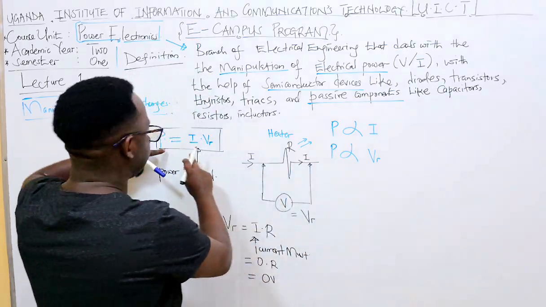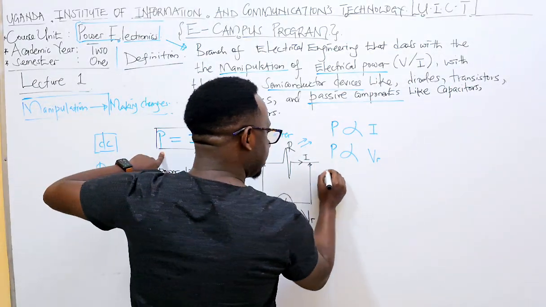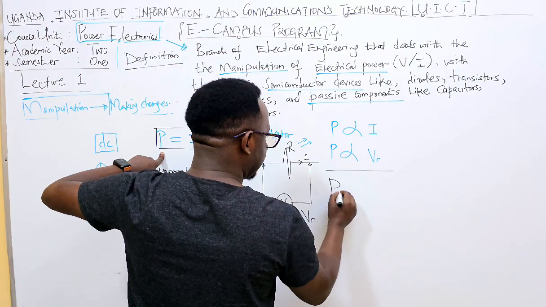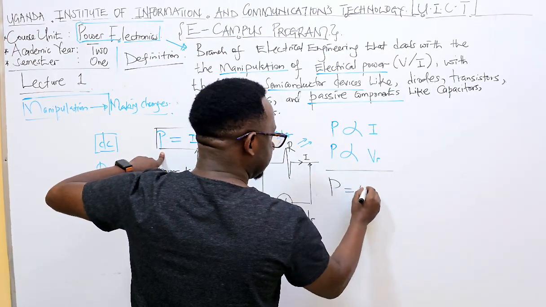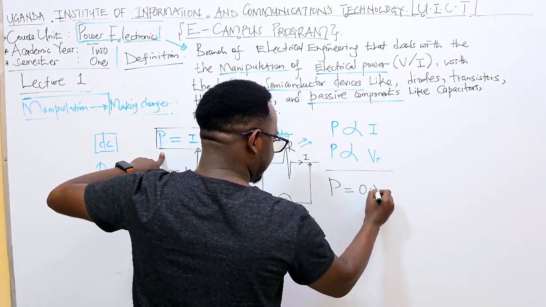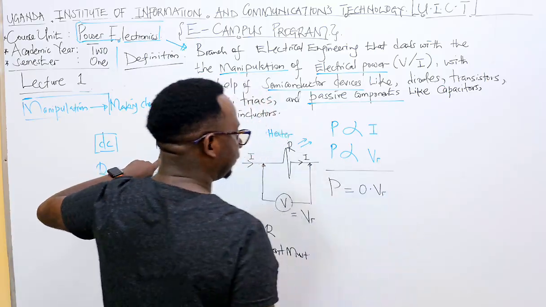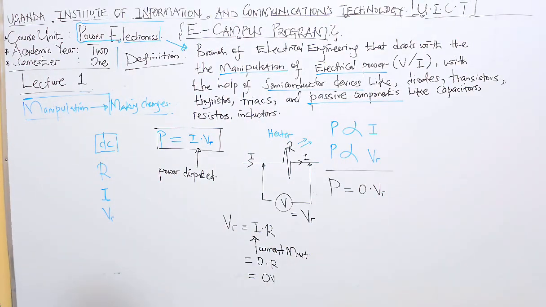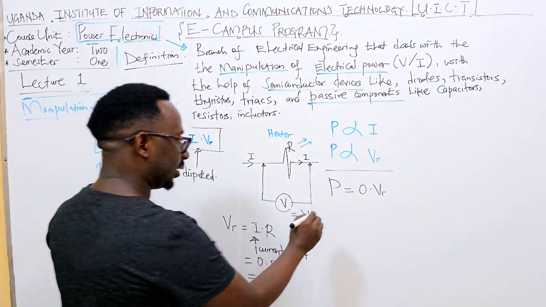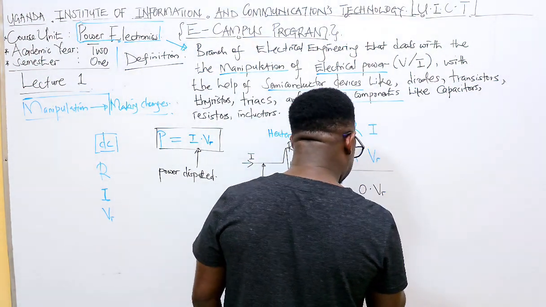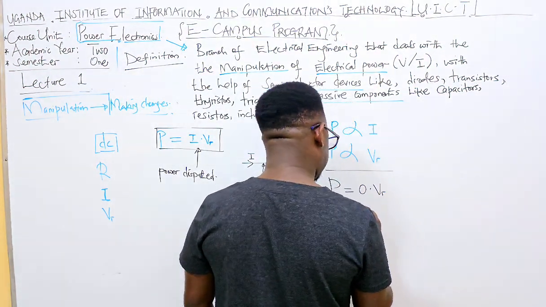If we go back to the power dissipation equation, P is equal to 0 times VR, which is 0. This tells us we will never have power dissipation if we don't have current flowing through a load.